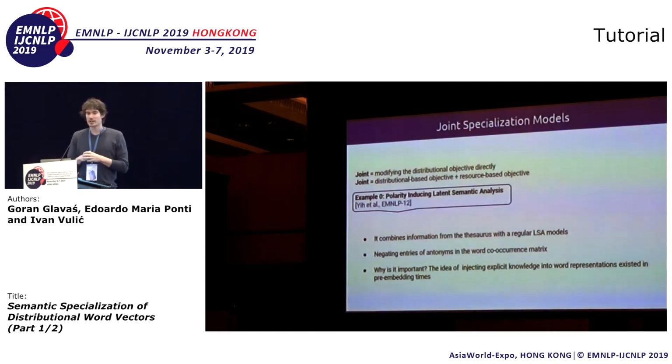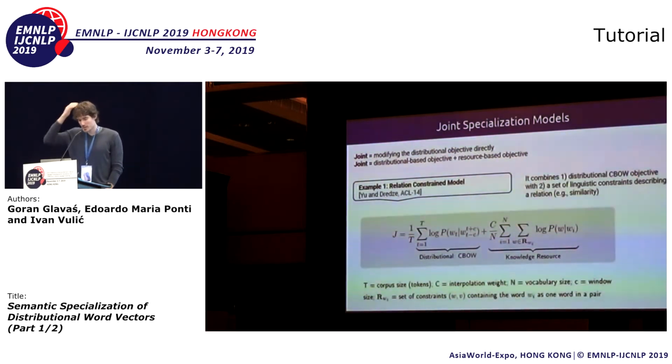It was shown that this way they can learn vectors that do the distinction later on. And I think the model worked really well for lexical contrast capturing, etc. So the idea of specialization existed even in pre-embedding times.